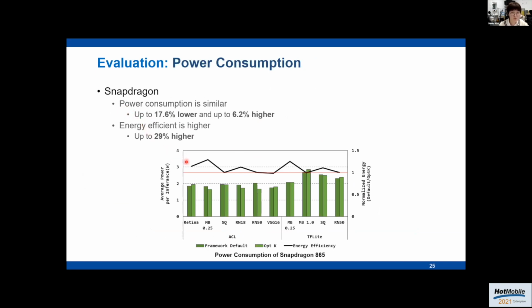As shown in the green bar, the proposed scheme is more or less similar to the default scheme, while energy efficiency is usually higher, as shown in the black line graph. It is up to 29% more efficient than the ACL default scheme because of the reduced inference latency.